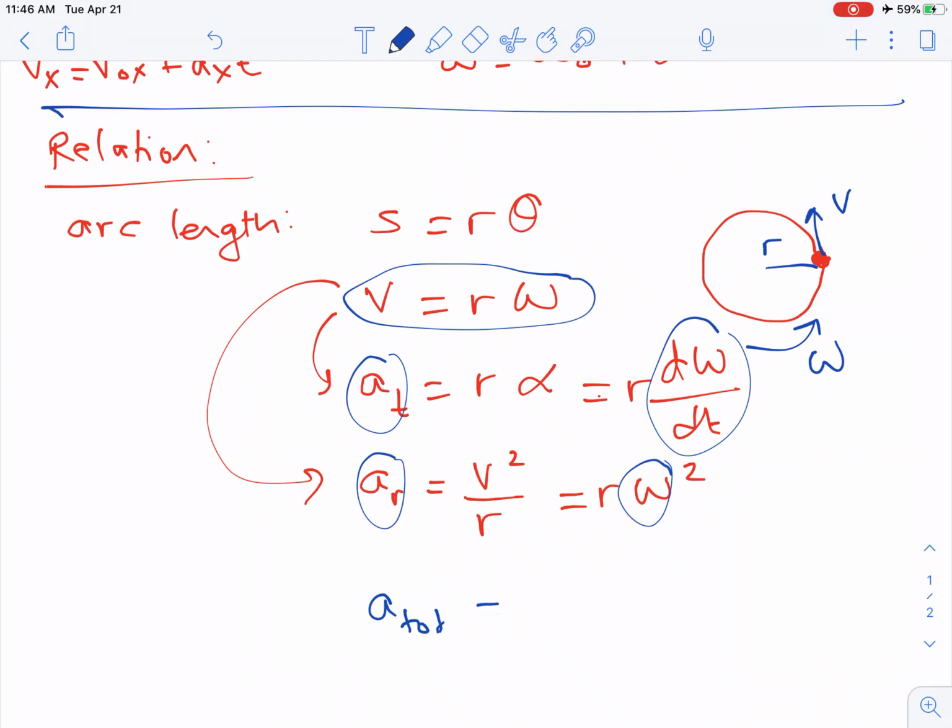Since we know that one of the accelerations is radial, the other one is tangential, they are perpendicular to each other, and these are the components of the total acceleration. So you can apply the Pythagorean theorem: square them, add them up, take the square root, and that's going to be your total acceleration. You can even find the angle for a given time, so it will be the instantaneous case, but you can find the direction as well, but this is the magnitude here.